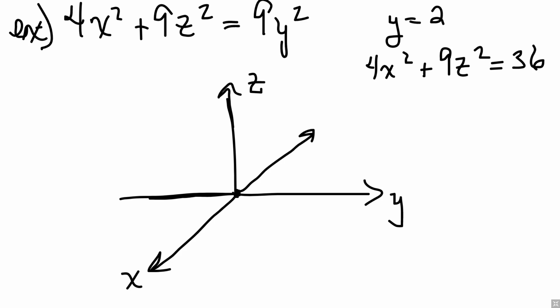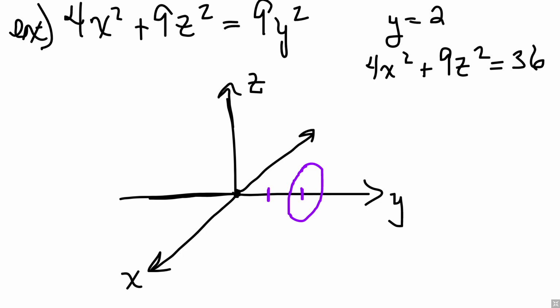So let's go 2 units on y. So 1, 2. And then we're going to have this ellipse. Now the ellipse is going to end up being longer on x. I'm just going to freehand this. So it's going to be longer on x, and this is what we're going to have.